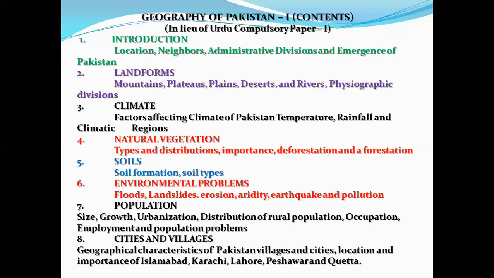This chapter is about main cities and the villages of Pakistan. You will study about some important cities of Pakistan, their geographical characteristics. The important cities are Islamabad, Karachi, Lahore, Peshawar, and Quetta.